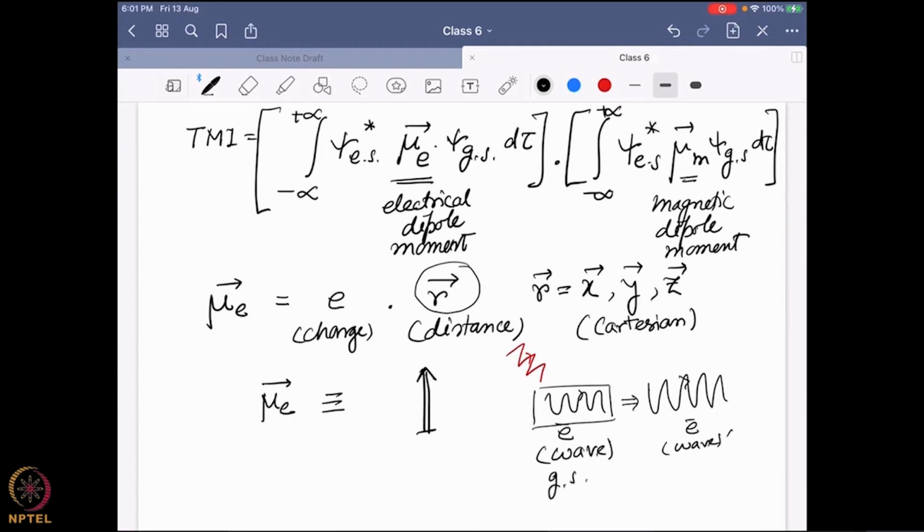Say it is the ground state and it is the excited state. And why is it happening? Because this incoming electromagnetic radiation is giving some energy and exchanging it with this electron. You can imagine an already existing wave increasing in its amplitude by taking some oscillatory power from the incoming electromagnetic radiation. So that is what is happening.